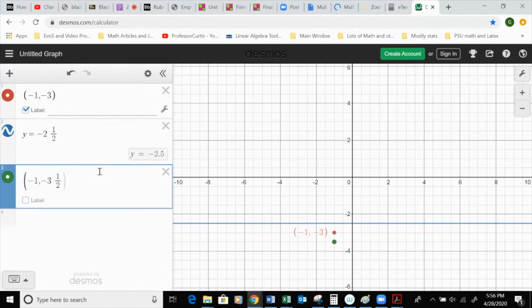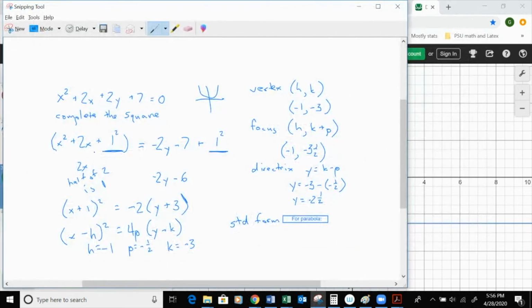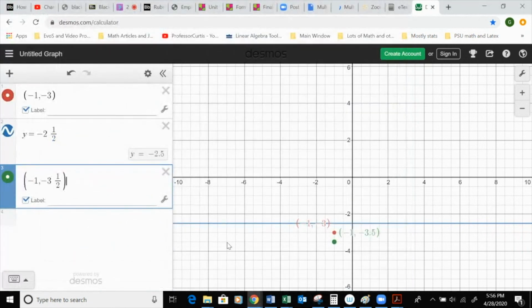We could label that one too. Oh, this one is upside down. I'm thinking, well, that can't be right. But yes, it can, because my p is a negative value. Look at this.